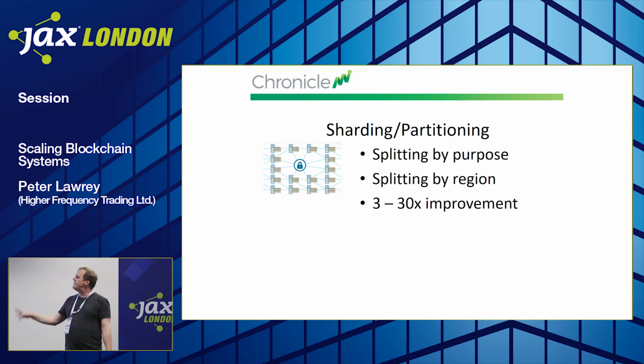Another option is sharding or partitioning. You can potentially split up the chain so that transactions occurring, say, from someone in the UK to someone else in the UK, don't necessarily have to go all the way around the world. Maybe they only need to be agreed amongst nodes that are in the UK. You can also split by purpose.